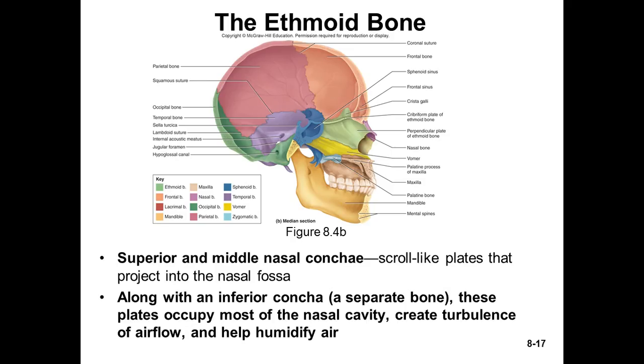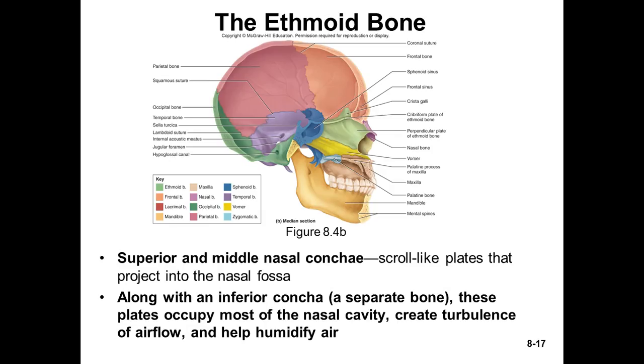Mucous membranes are part of these 3 bones, and when air comes into the nasal cavity, it hits the mucous membranes, which cleanse, warm, and humidify the air before it reaches the lungs.